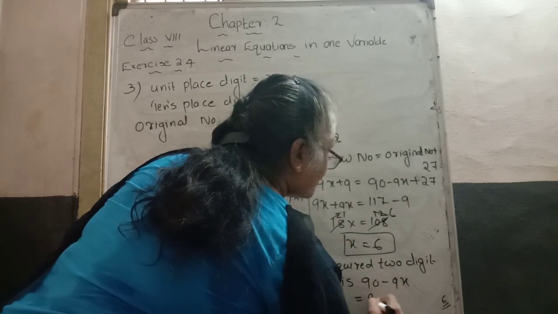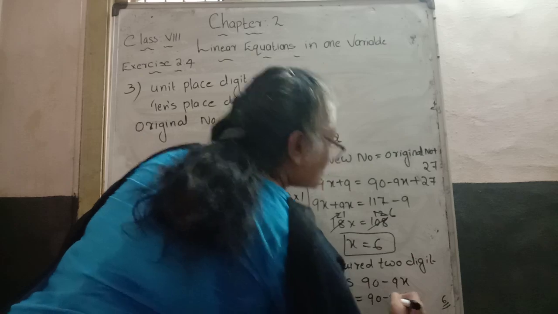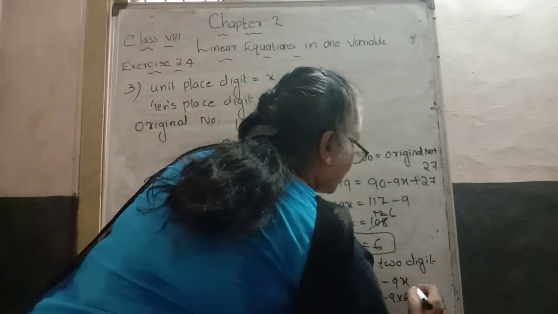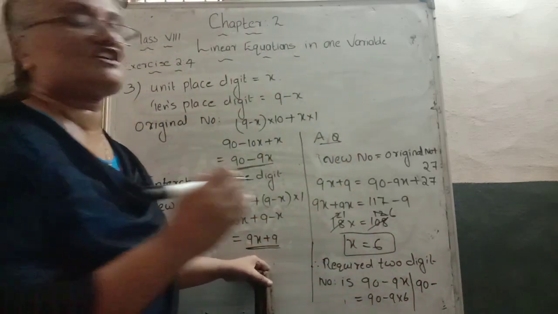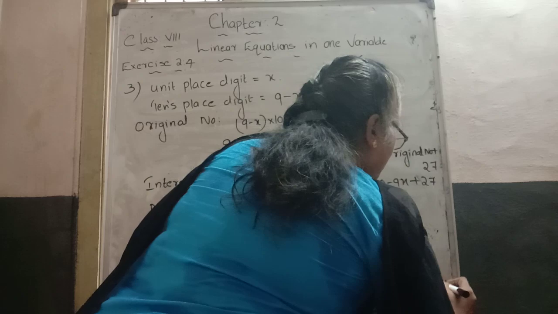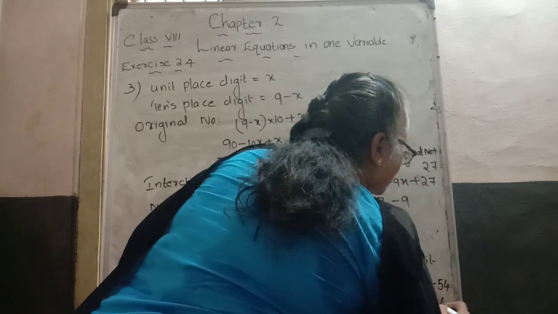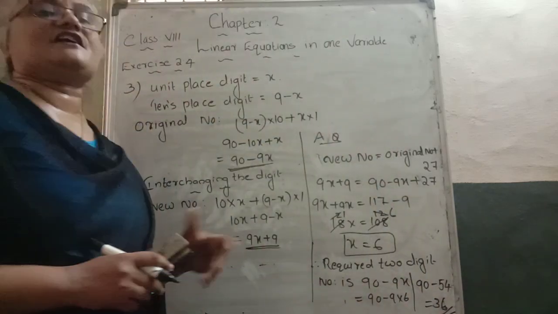That means 90 minus 9 into x place, which value? 6. So here I write 90 minus 9 into 6, becomes how much? 54. 90 minus 54 becomes how much? 36 is our answer.